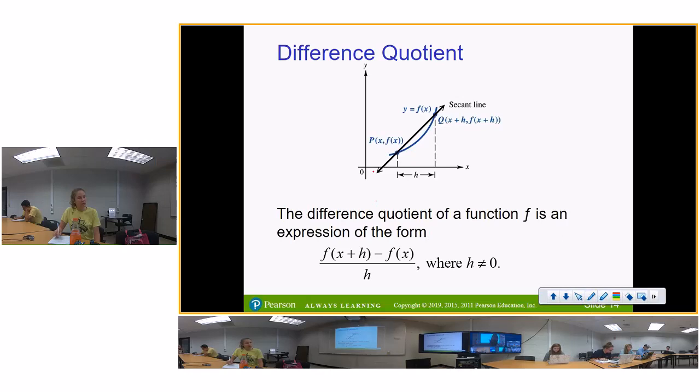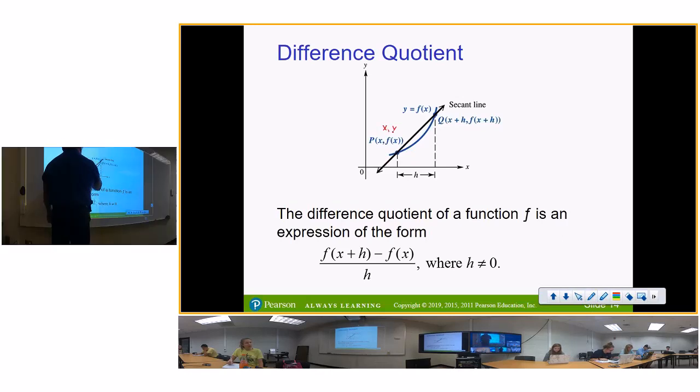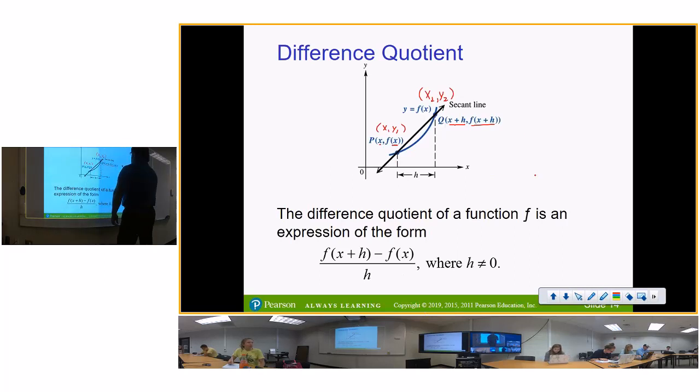So this is x sub 1, y sub 1, and this is x sub 2, y sub 2. Okay, let's put that in. The slope m is equal to y sub 2 minus y sub 1 over x sub 2 minus x sub 1. You're finding the slope of the secant line.